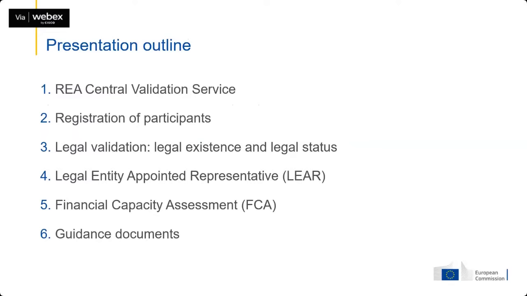Then my colleague Alberto will go into more detail on the topic of financial capacity assessment. And on the last slide, we will share with you the main guidance documents that will answer any questions that might occur. But we will, of course, have a question and answer session after the presentation.